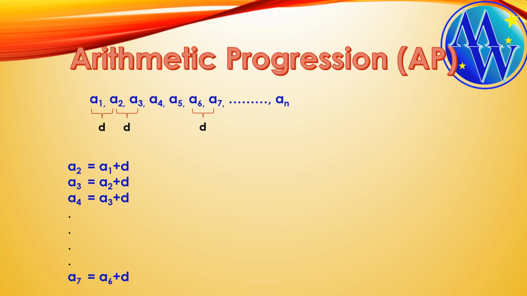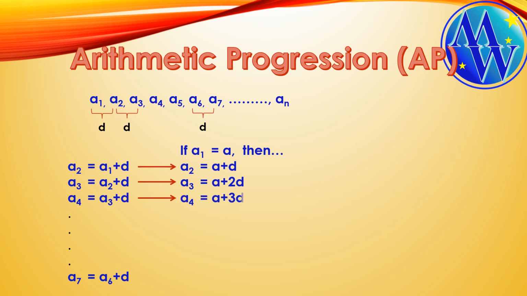If the first term of an AP a1 is a, then a2 equals a1 plus d, which means a plus d, right? And a3 equals a2 plus d. You know a2 equals a plus d, so a plus 2d. And in the same way we can write a7 equals a6 plus d, so we can rewrite it as a plus 6d, right?